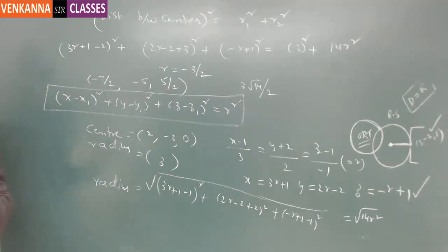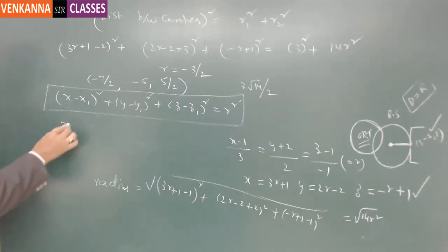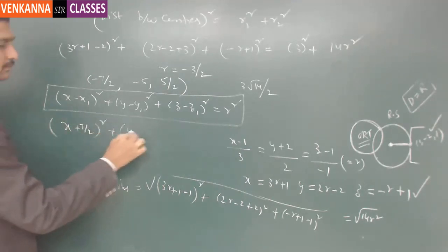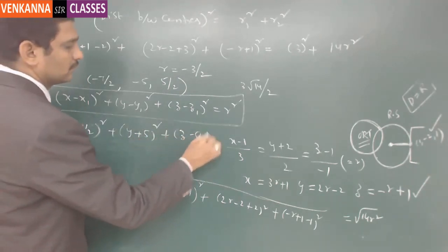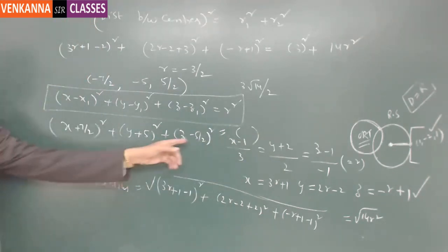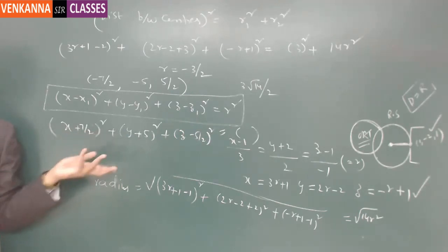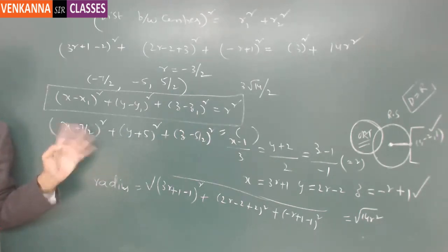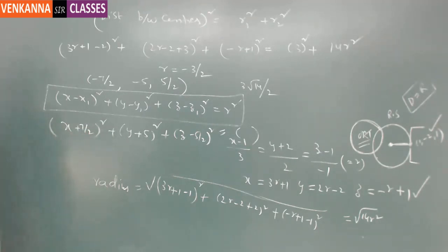So what I am saying is, you simply write like this, is equal to some number you will get, right? So don't simplify this one using a plus b whole square, etc., because it takes a little time. Since you have evaluated center and radius, by substituting this, you will get the respective sphere equation. You are done.